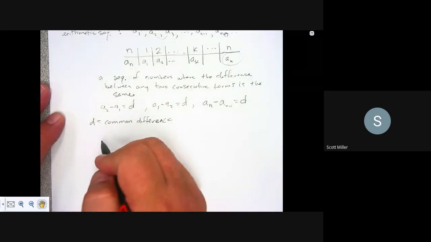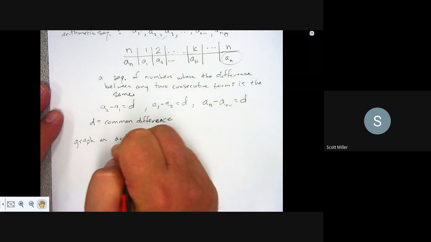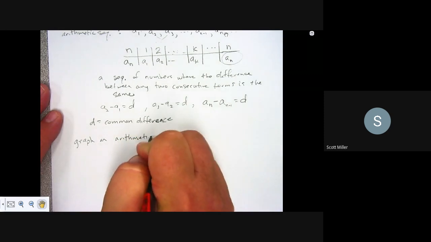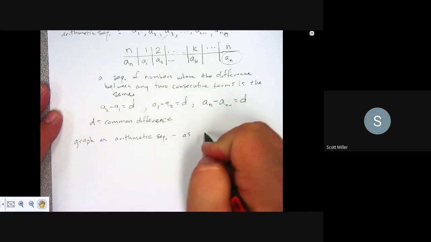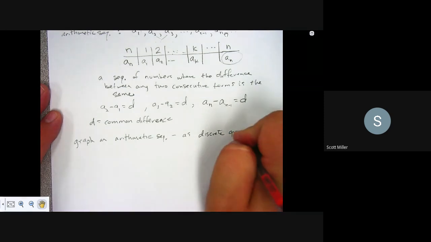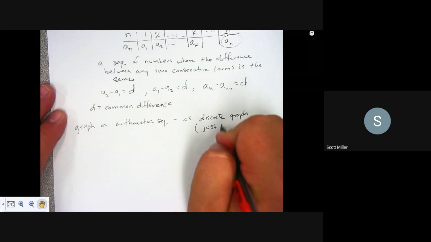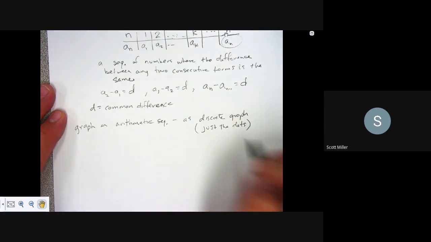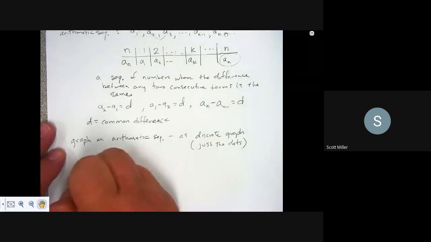Since it's a sequence, if I graph a sequence, it will display as a discrete graph. And what is a discrete graph? It is just a series of dots. Do not draw a line between them. It will be linear in nature.